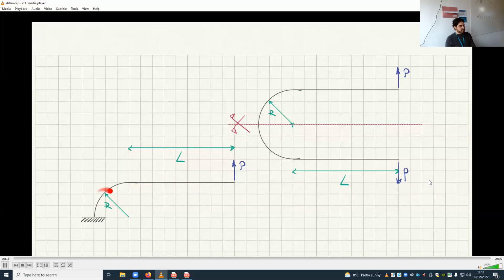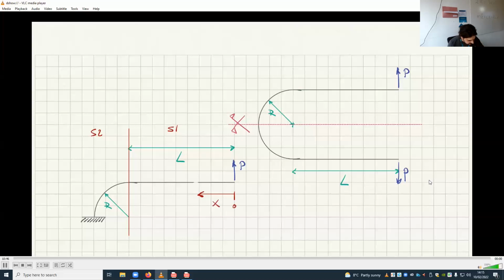There might be normal force in this bit. Okay, so let's calculate. You should agree with me that probably the best way of studying this is to study from here to here first. So this would be segment 1, and this would be segment 2, with my x axis going from here to here. This is my x, with the origin here.